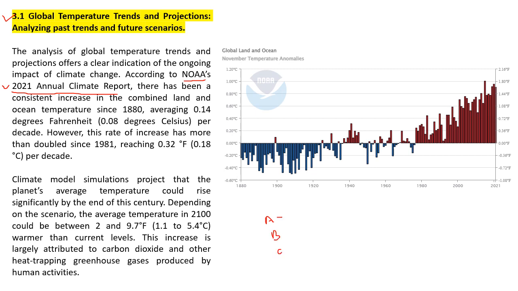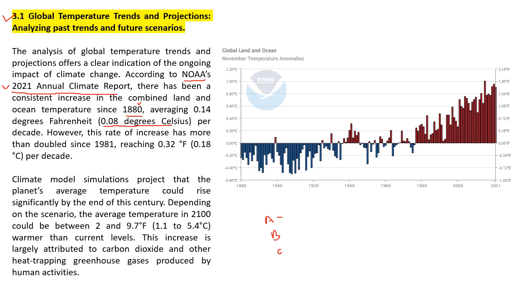Information A, the first information, is that if we calculate since 1880, we find that there is a rise in temperature of 0.08 degrees Celsius per decade.